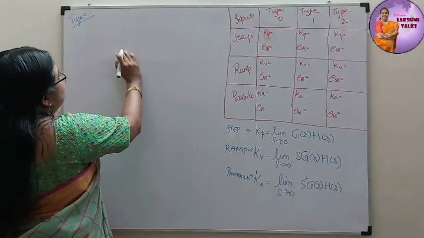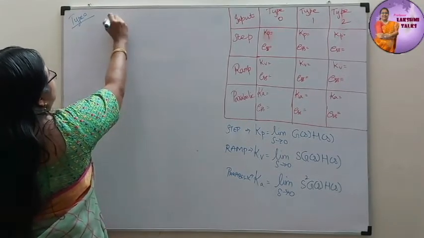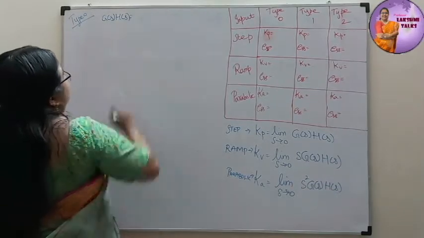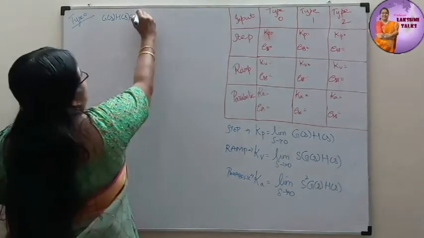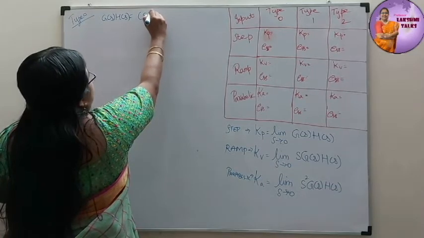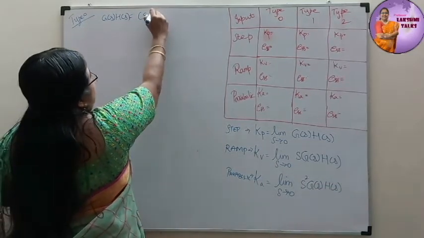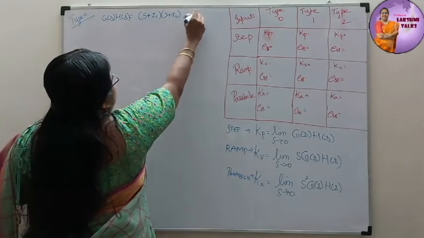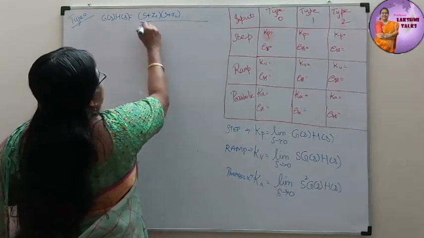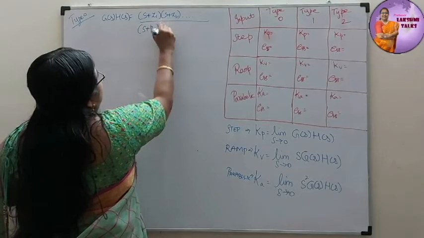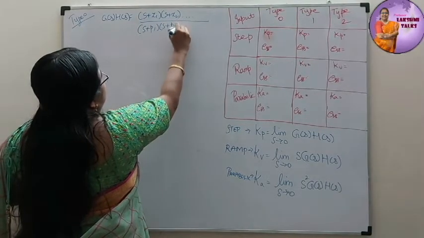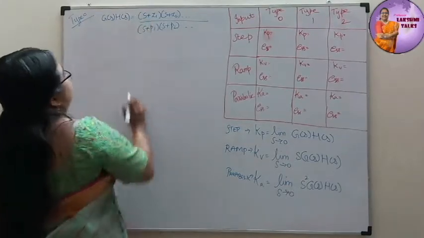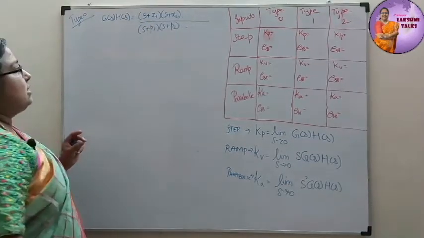For example, G(s)H(s) equal to (s plus z1)(s plus z2) and so on, divided by (s plus p1)(s plus p2) and so on. This is called a type 0 system.